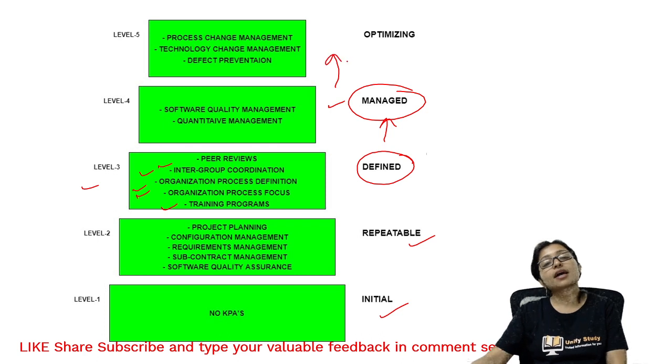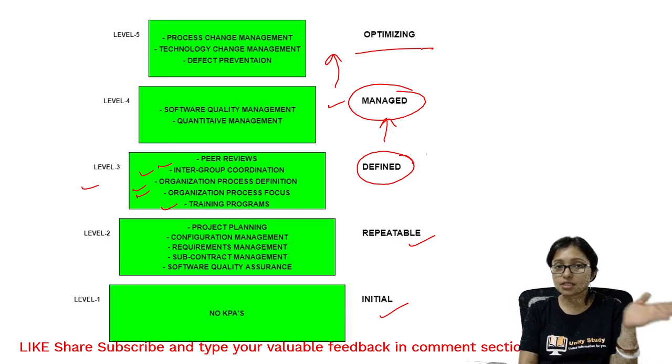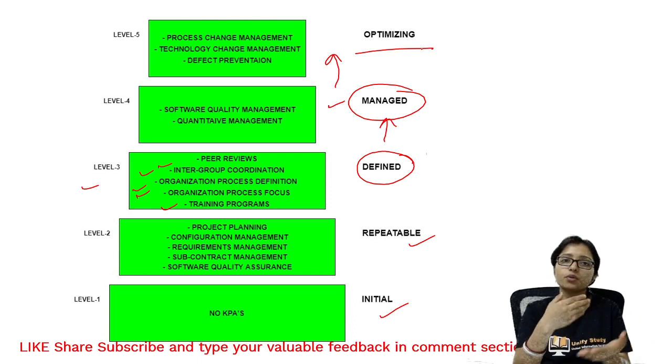And finally the company comes to level 5, called the optimizing level, when they are ready for defect prevention. Just now we learned one defect prevention technique, the clean room approach. So they are focusing on defect prevention and process change management. For the last year you were following a process.